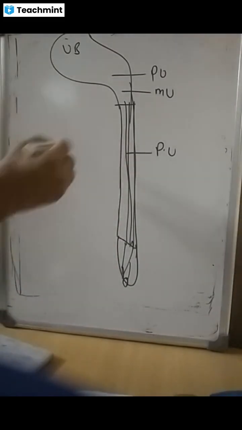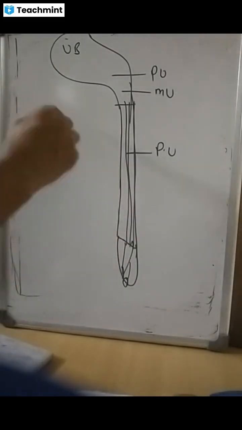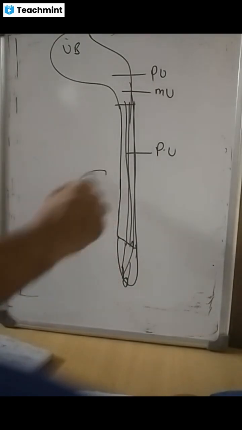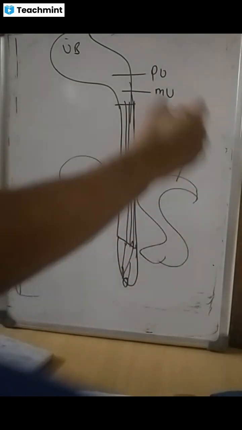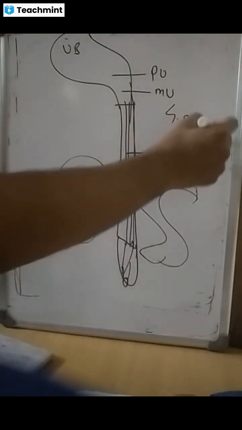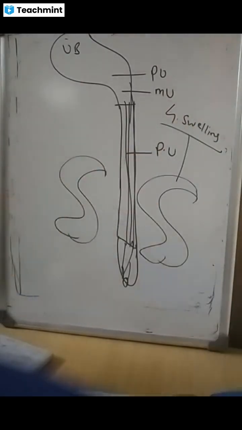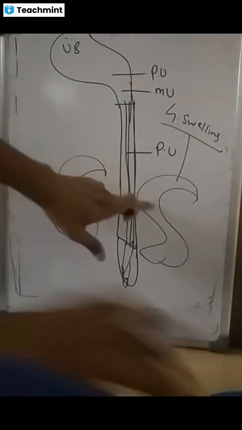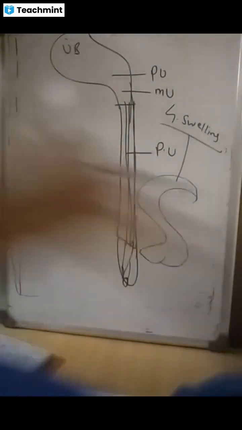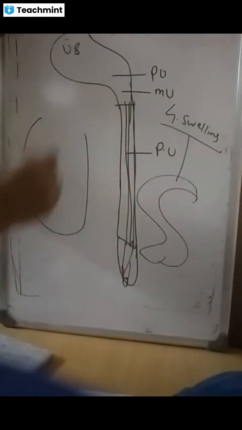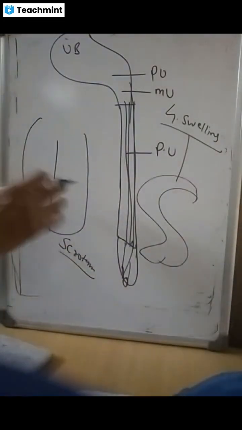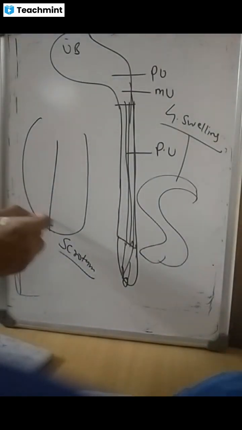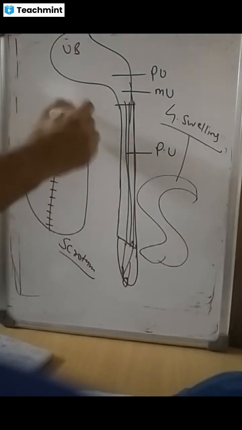And on the side, swellings are there. These are known as genital swellings. From these they will form the scrotum. And the line of fusion will be called the scrotal raphe.